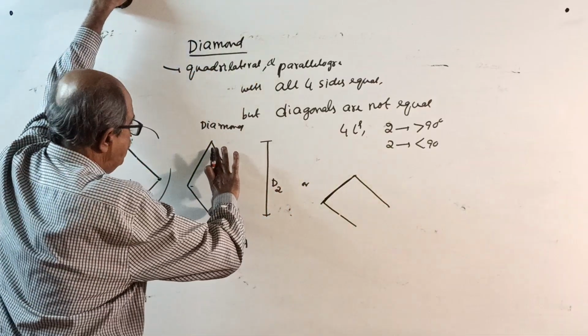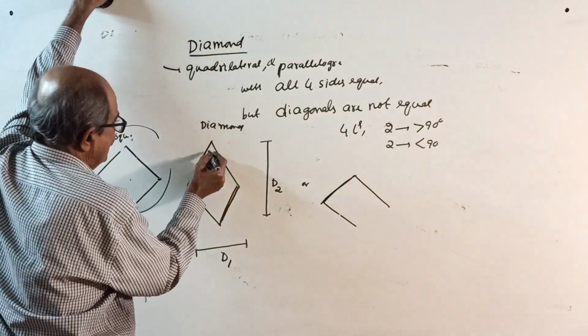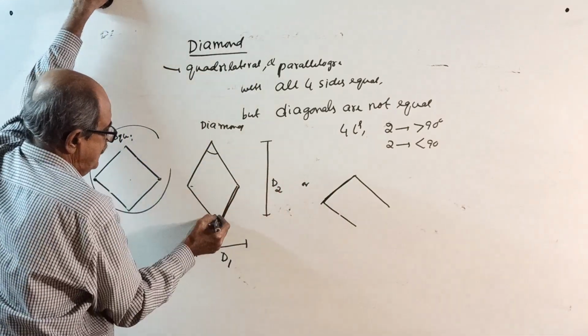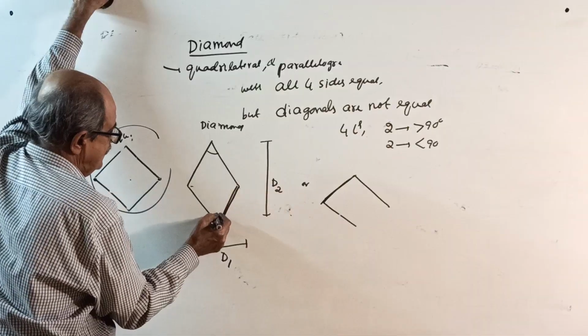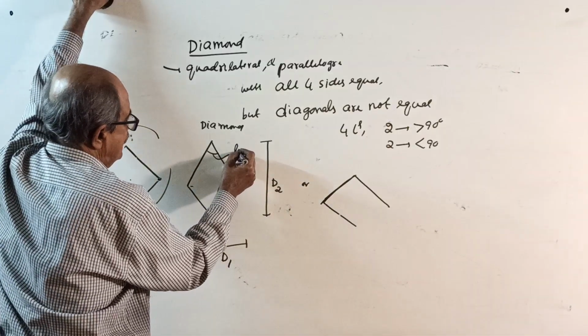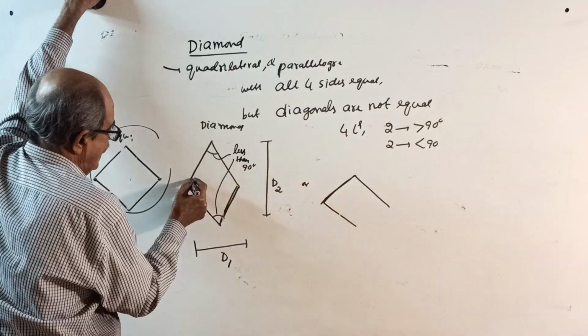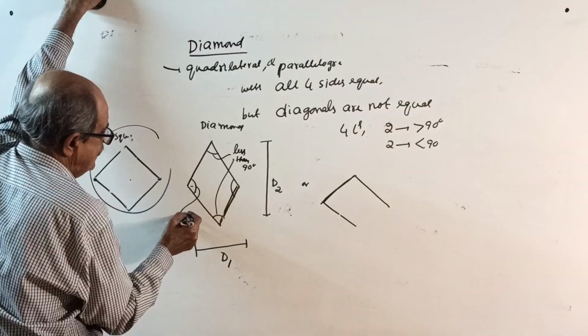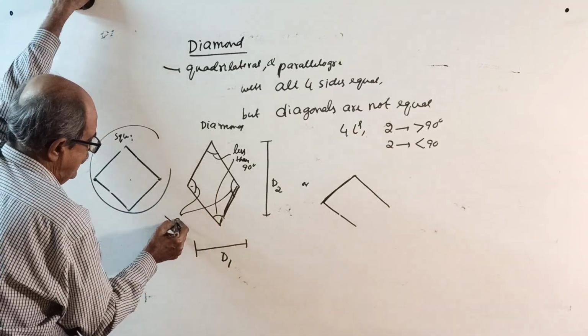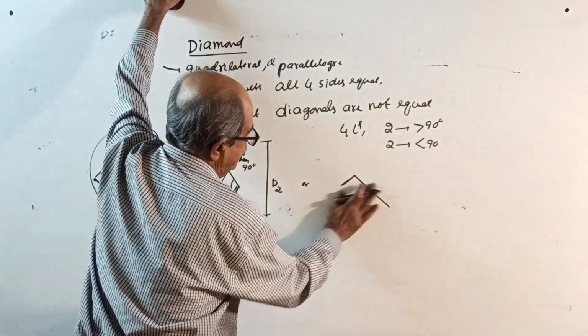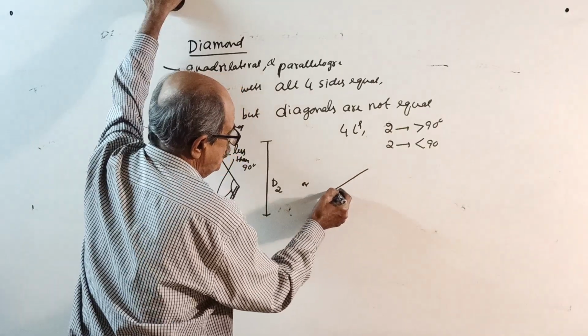Here, bigger one, smaller one. See, here these two angles are less than 90 degrees, and these two angles are, you make a note, more than 90 degrees. Or it is possible here also, this also okay.